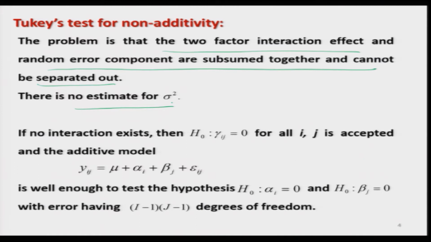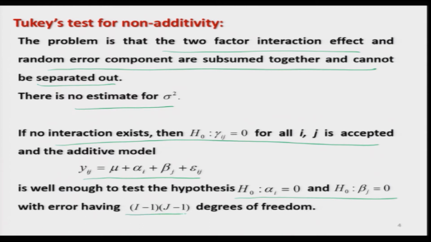And if no interaction exists, then the hypothesis H naught gamma I J equal to 0 is accepted, and the model simply becomes y I J is equal to mu plus alpha I plus beta J plus epsilon I J, and then we can proceed further for testing the hypothesis H naught alpha I equal to 0 or H naught beta J equal to 0.